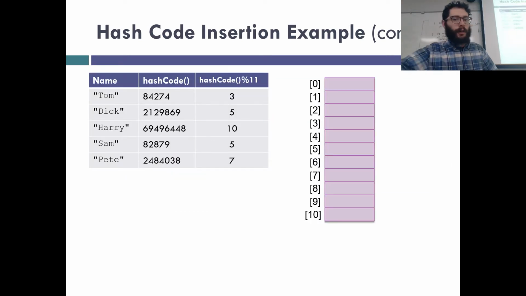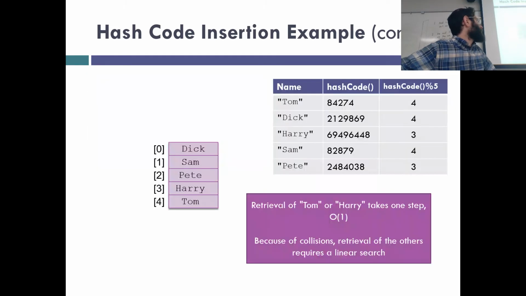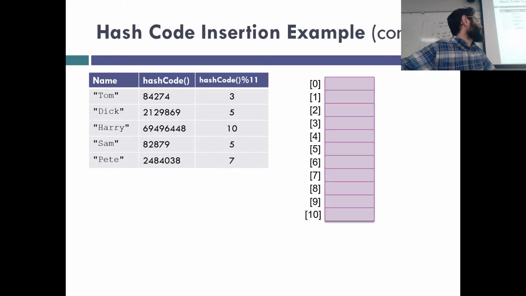So in this example, now look at a hash table that's much bigger. Here we're using a hash table of size 11. Why 11? Because we're using prime numbers here to reduce the chances of collisions. So it's the same hash codes, but the modulus is different. Tom is at 3, Dick is at 5, Harry is at 10, Sam is at 5, Pete is at 7.